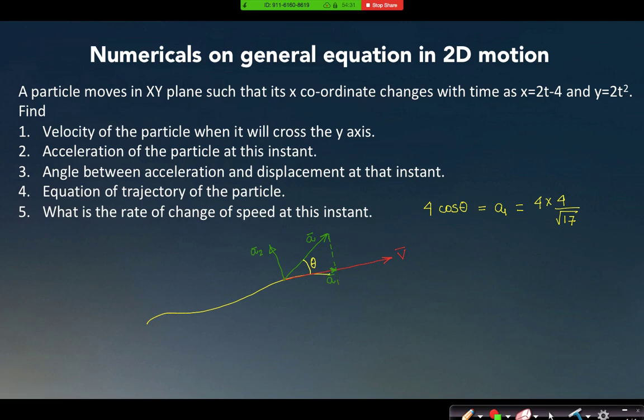And the magnitude of the velocity vector is nothing but the speed. So the rate of change of speed is nothing but the component of the acceleration vector along the velocity vector. You should note it down in your copy with a star mark: rate of change of speed is the component of acceleration along the velocity vector.